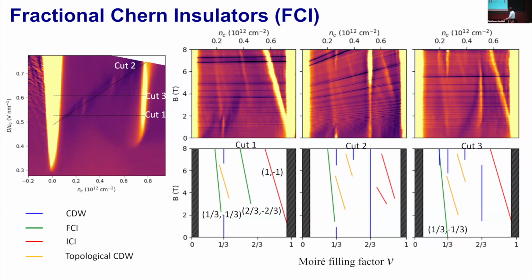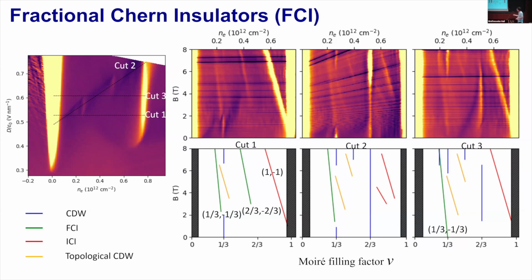And the FCI persists to almost zero magnetic field. Okay, 0.1 Tesla or so. So it's very close to 0. Okay, it's not there at 0, but it's very close to 0. You just need a tiny magnetic field of 0.1 Tesla. You can induce FCI on this very strong Moiré potential side.